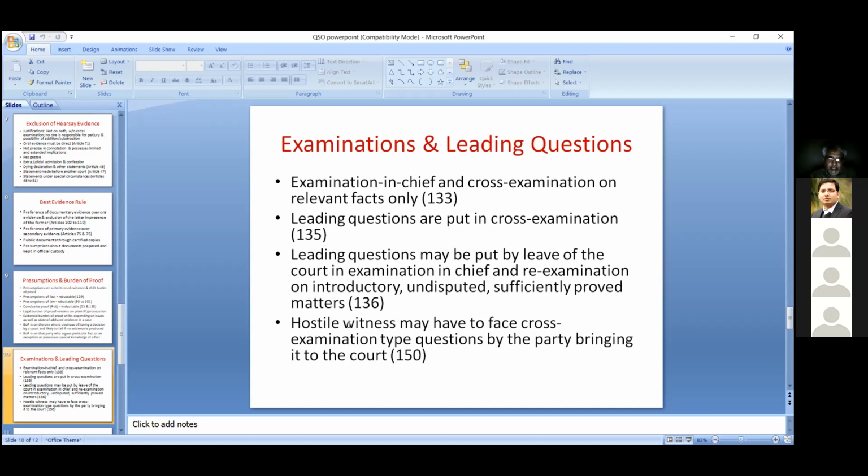So that witness is a hostile witness, and the prosecution in this situation is given the opportunity to ask leading questions from the witness, because that witness is hostile to them, and now they have the opportunity to deal with him as if he was brought by the opposite party. So this is the concept of hostile witness.